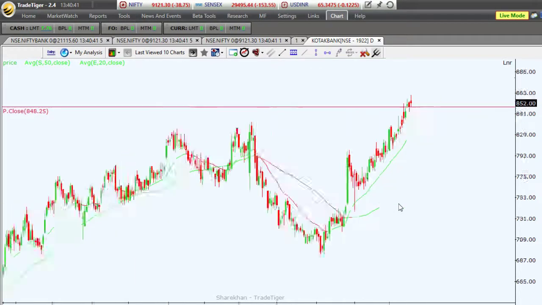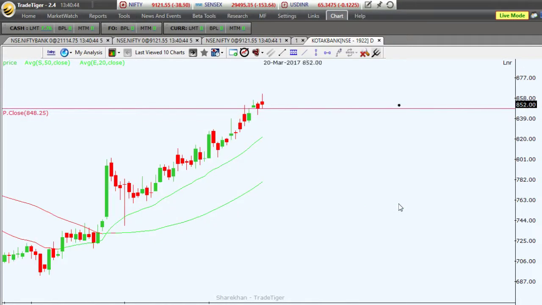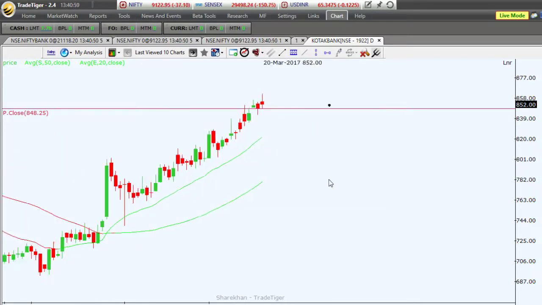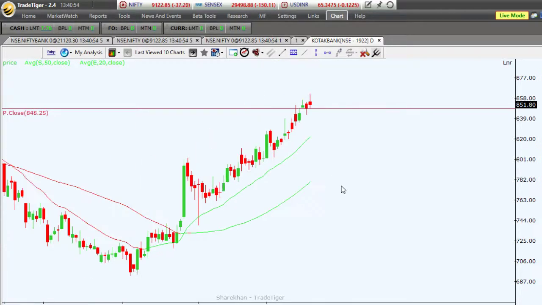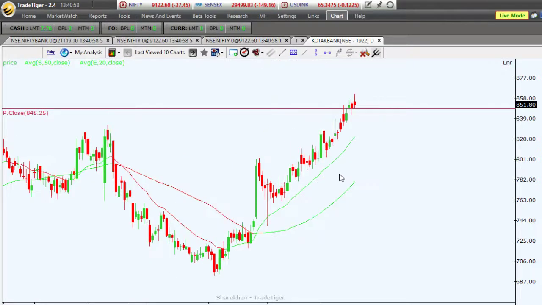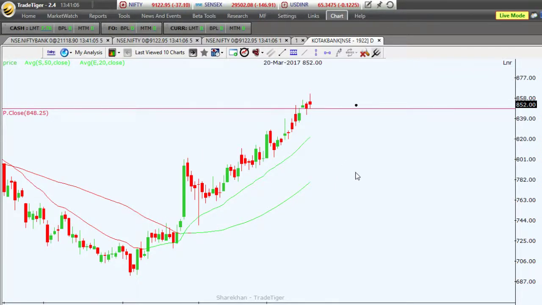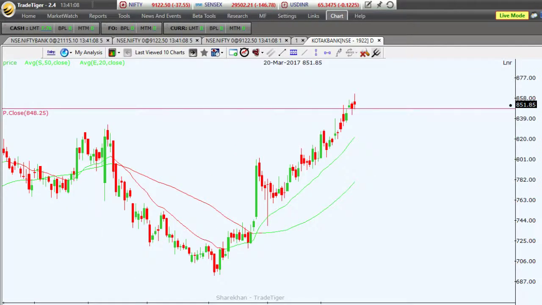The important thing in a chart is that it shows the past prices of the stock, and our goal in chart analysis is finding what the future of that chart will be. We'll discuss this later.